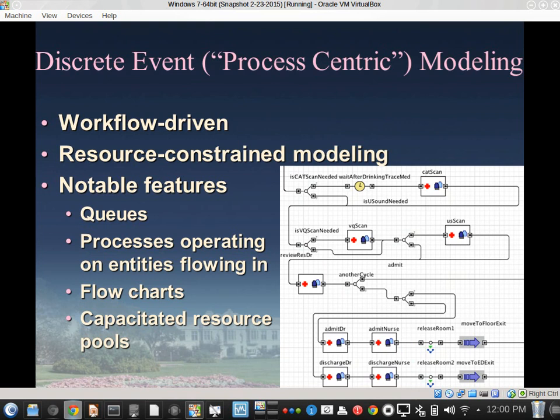So here, the people who flow through it, so cases or patients or what have you, those individuals are viewed more passively in this sense. They kind of flow through it, and they're operated upon by these gating procedures. And those gating procedures, critically, are made possible by availability of resources.